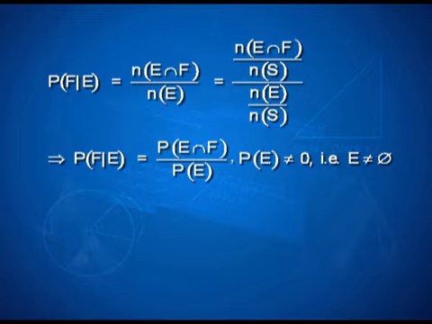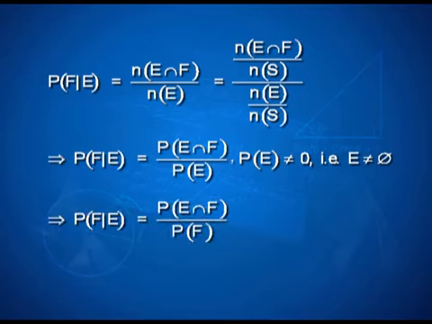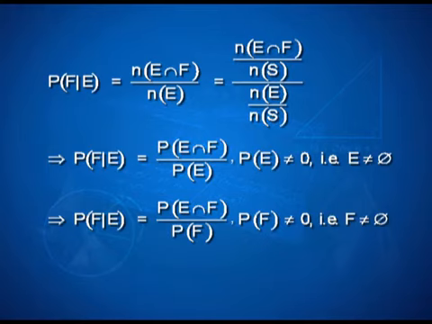So, things are meaningful only when E is not an impossible event. Similarly, the probability of E given that F has happened will be P(E ∩ F) divided by P(F). The condition on F remains the same, that is, the probability of F is a non-zero number, that is F is not an empty set.